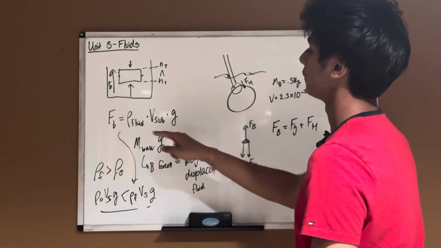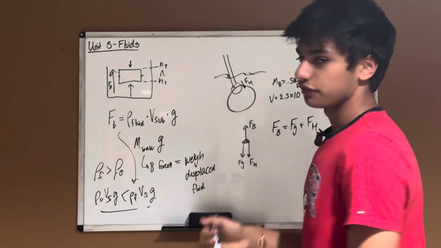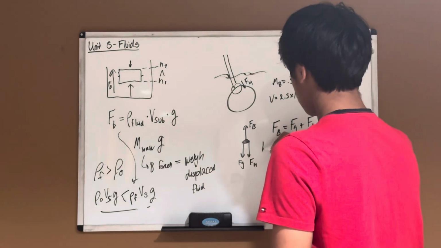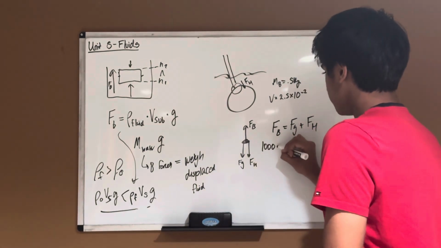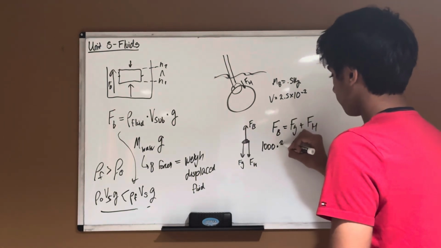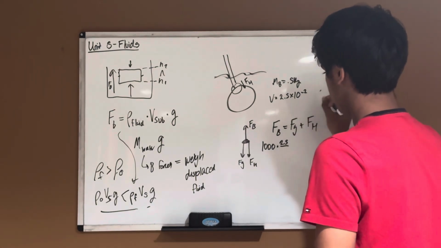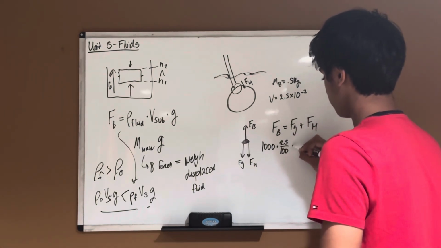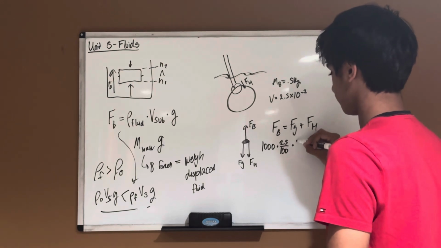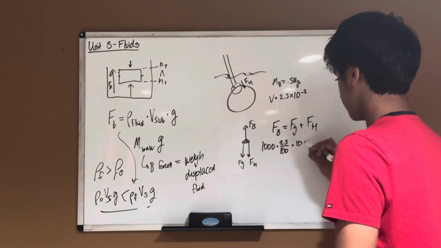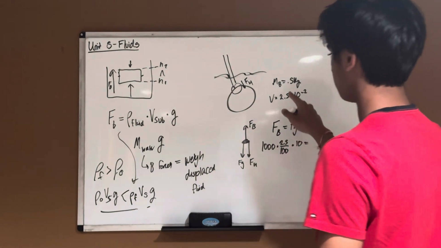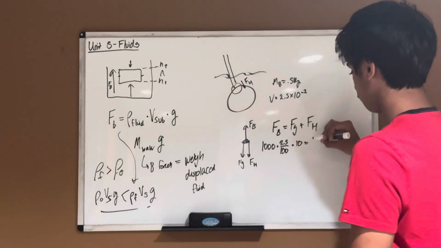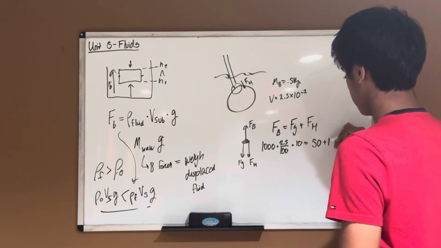So buoyancy force we know is density of fluid. So density of water is 1,000 kilograms per meter cubed. The volume submerged is right here, 2.5 times 10 to the negative 2, so 1000 times 2.5 times 10 to the negative 2 is 25. And gravity is just 10. And this equals the force of gravity, which is 0.5 times 10, which is 5, plus force of hand.